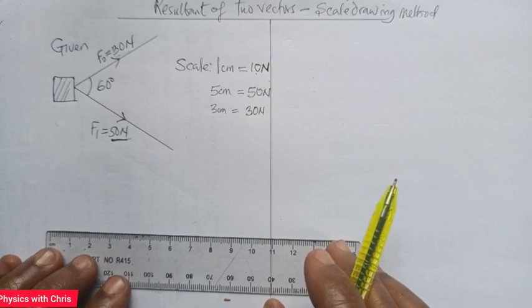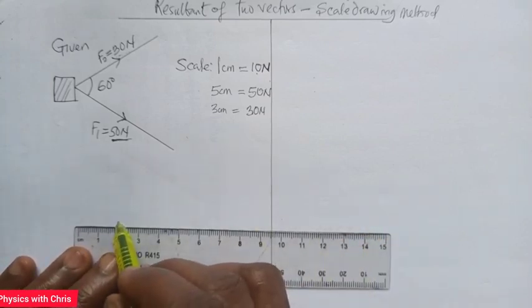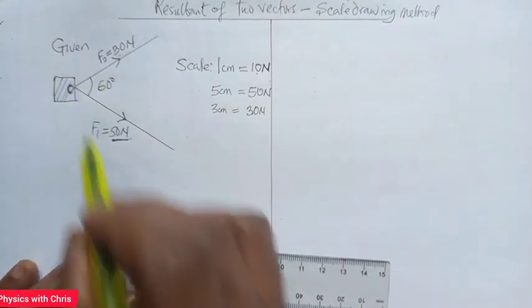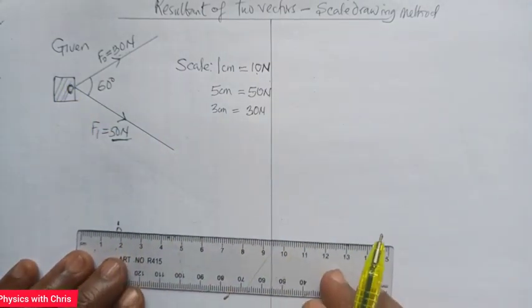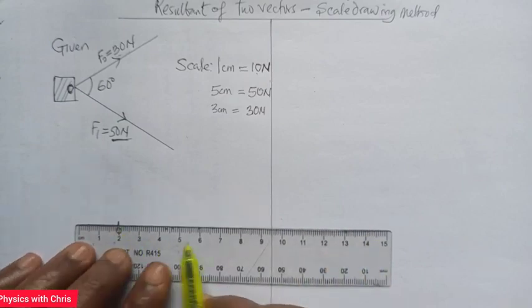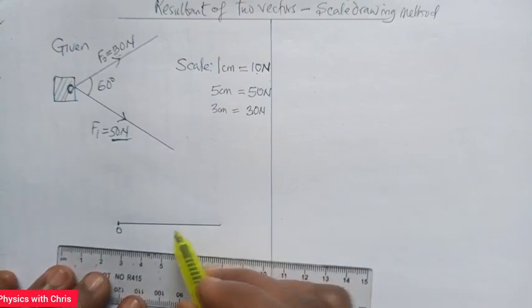I will make it horizontal, and start from this point. Let's call this my point O. I'll take a line of 5 cm: 0, 1, 2, 3, 4, 5. A line of 5 cm to represent my vector of 50 Newton.